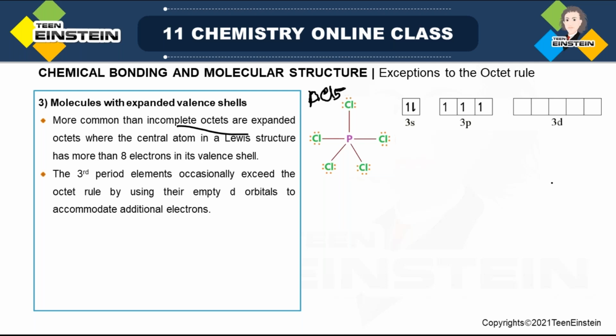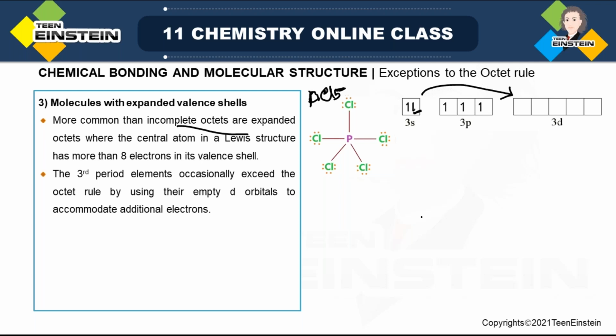But if you simply maintain this electronic configuration, at most you can get 3 unpaired electrons. But you have to make a total of 5 phosphorus-chlorine bonds. So we need 5 unpaired electrons. How can you get them? This electron must be shifted here.